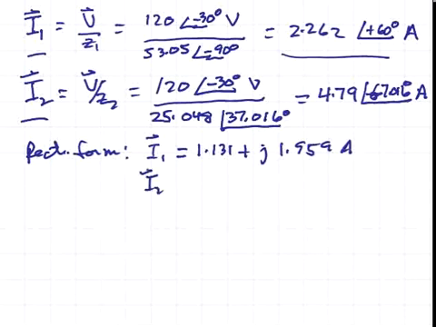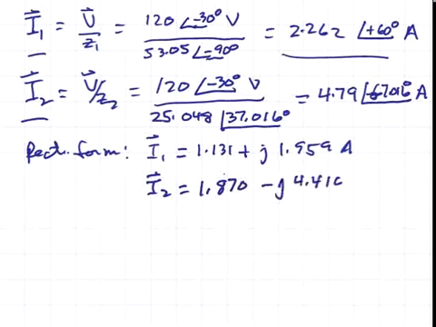I2 is equal to 1.870 minus J 4.410 amperes.